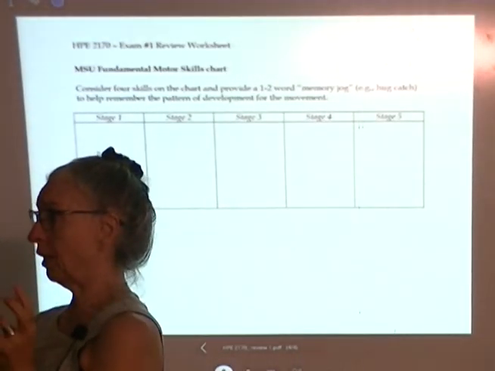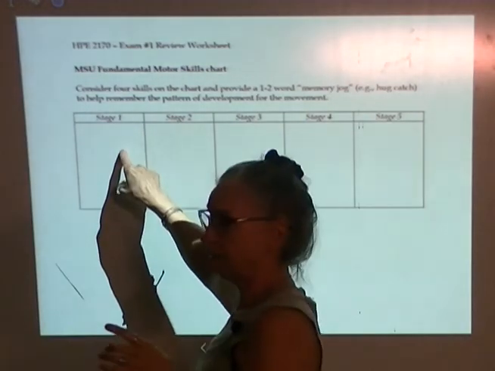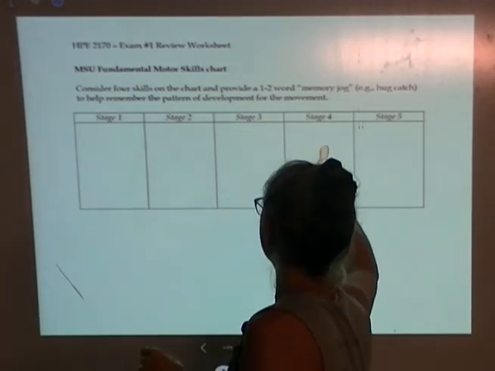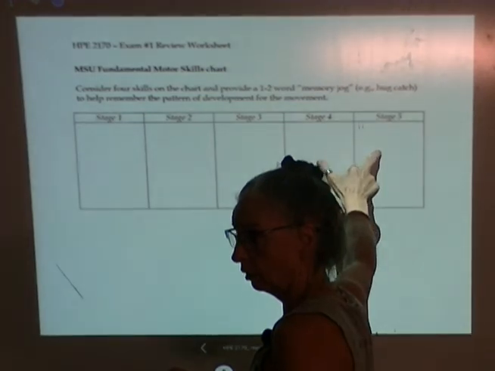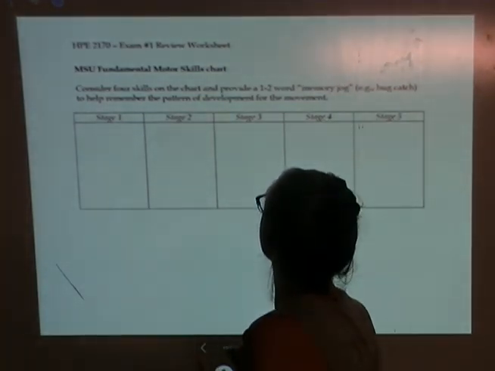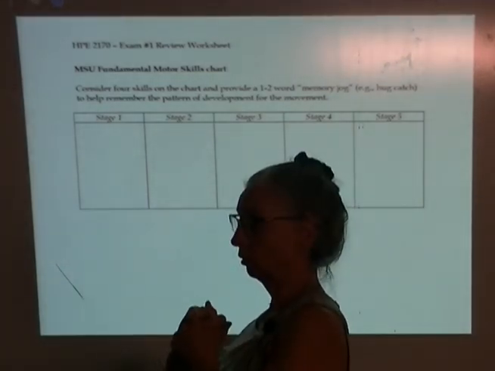Right? So by using just those words, I can identify someone as a stage 1, stage 2, stage 3, stage 4, stage 5 catcher. Right? Good. Questions?